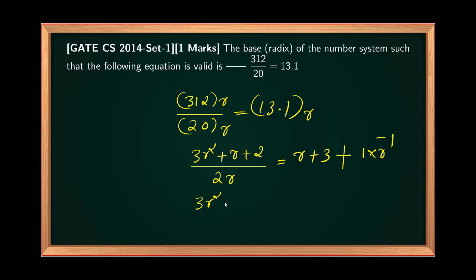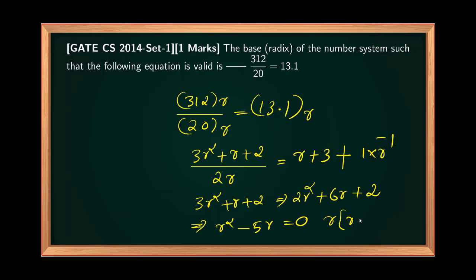Rearranging, 3r squared plus r plus 2 equals 2r squared plus 6r plus 2, which implies r squared minus 5r equals 0, so r multiplied by (r minus 5) equals 0. R cannot be 0, so r minus 5 equals 0, that implies r equals 5.